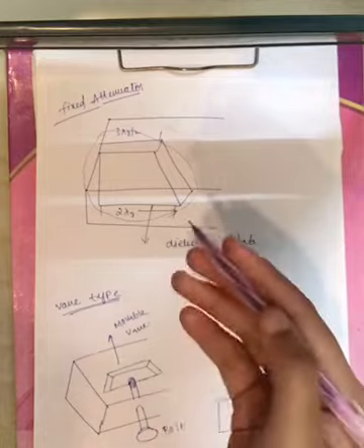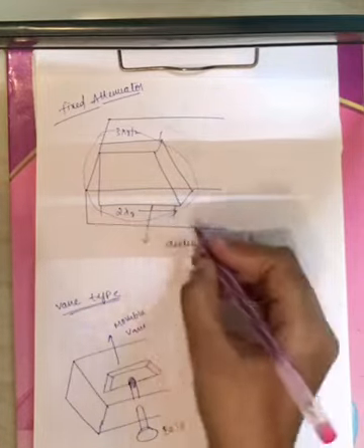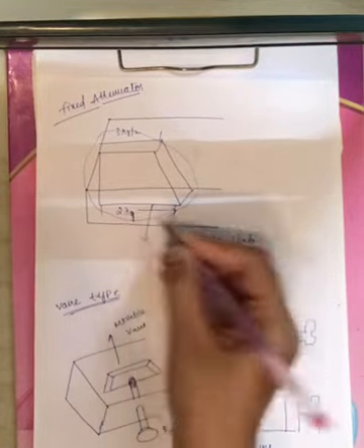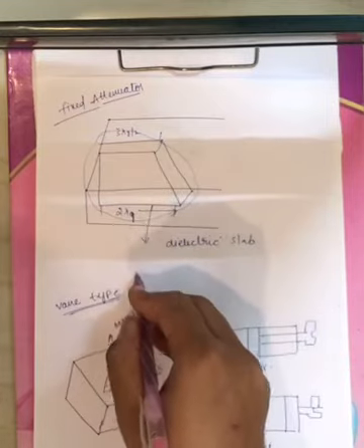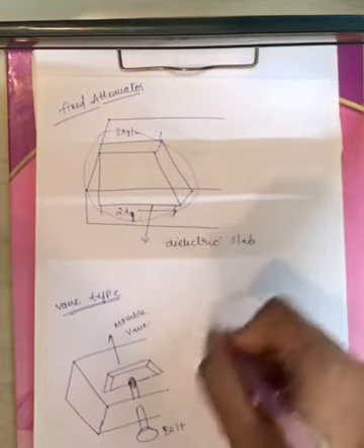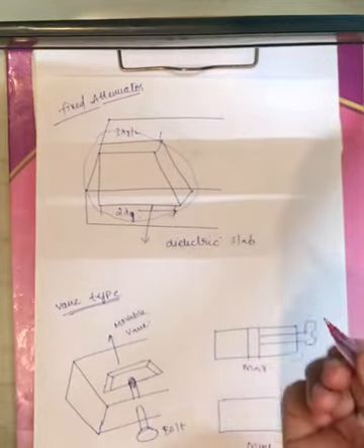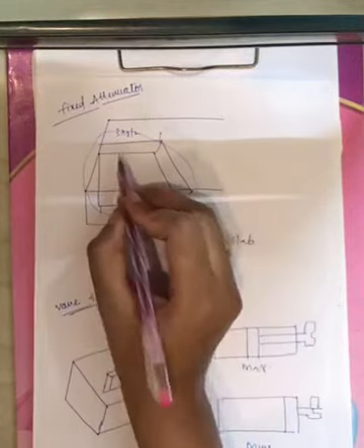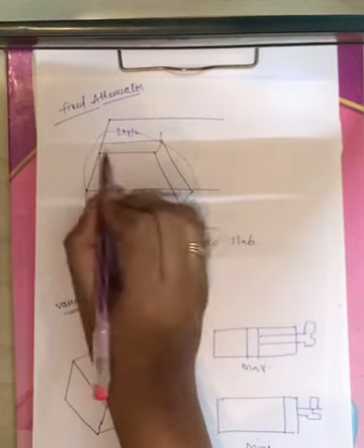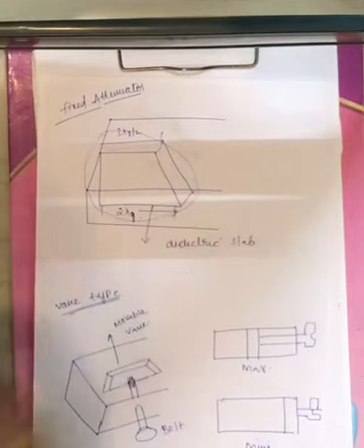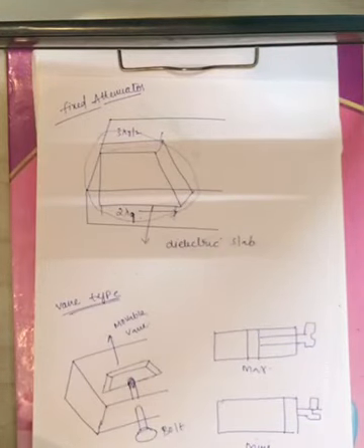This is also a waveguide, and these are the dimensions of that waveguide inside the main waveguide. It will contain some absorbing material, and that material will absorb the reflected signal.